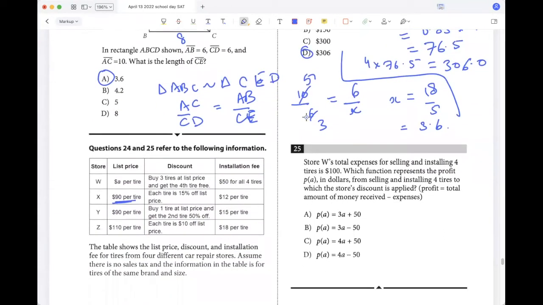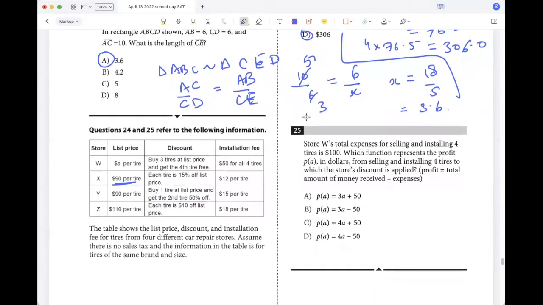Store W's total expenses for selling and installing 4 tires is 100. Which function represents the profit PA in dollars from selling and installing 4 tires to which the store's discount is applied? Profit is total amount of money received minus expenses.